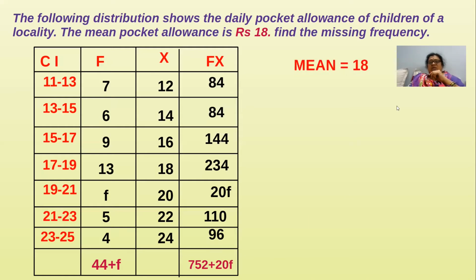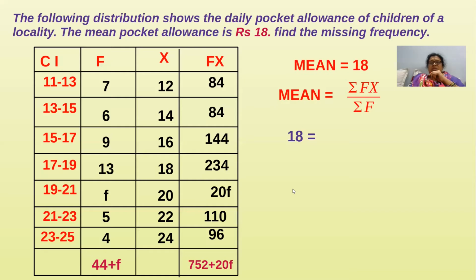Now we'll write the mean formula, that is the direct method. The formula is sigma fx by sigma f. But here in this problem, the mean is already given. So in place of mean, we can write 18.